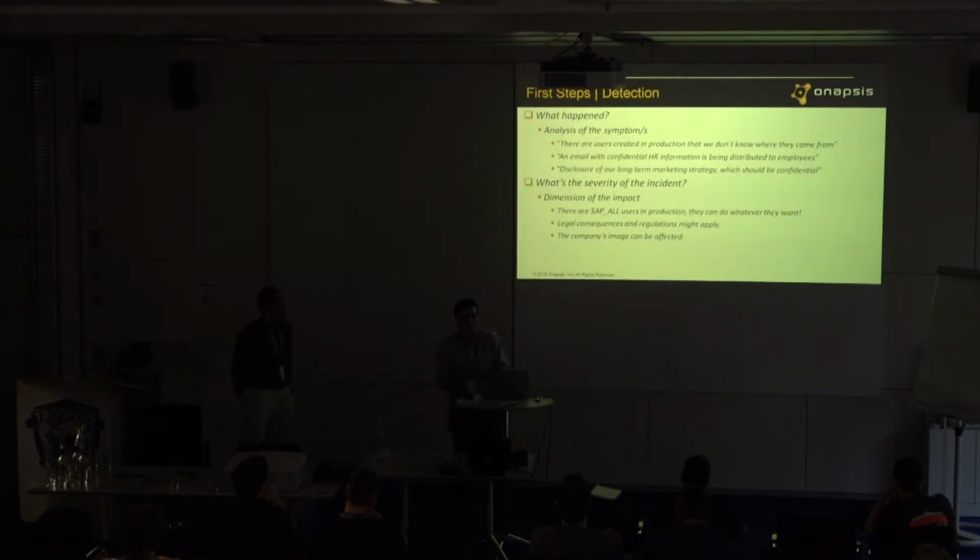In terms of detection, first of all, what happened? These are some examples of symptoms, because the situations we are facing can be really diverse. It's not the same if we suddenly wake up and see on the internet or even in the news that one of our systems was compromised, because that's public.